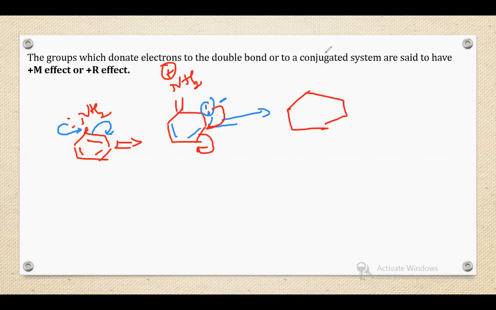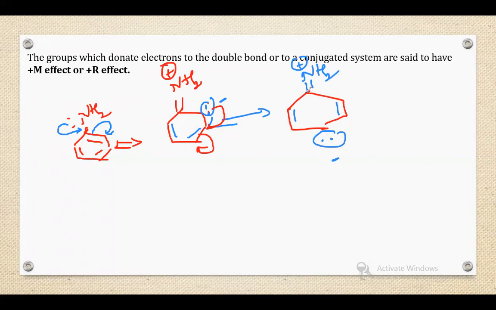I'll write with different colors here. Here there will be a pair of electron, a negative charge. This will shift here and have a negative charge, with alternate double bonds, and the NH2 will have a positive charge.